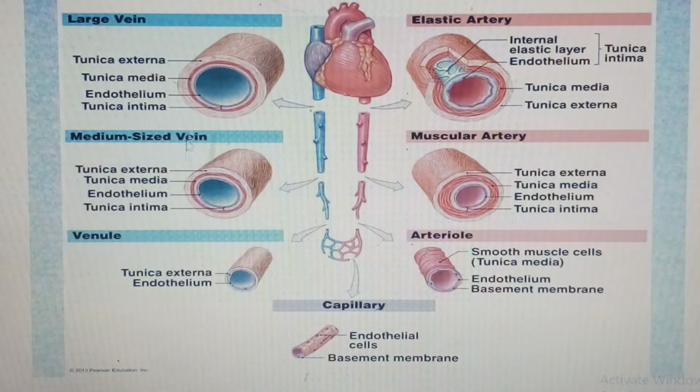If it is the femoral vein, that's a medium-sized vein. Then of course back into the heart, through the superior and inferior vena cava, into the right atrium of the heart. So that is the general organization of the vascular system, by way of the blood vessels we have in the human body.